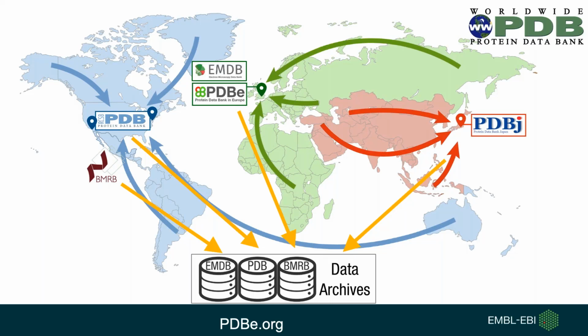In addition to protein structures, we have nucleic acid structures and small molecules as well. We are based in the UK along with the EMDB. We also have RCSB PDB and BMRB, which are based in the US. And in Japan, we have PDBj, which is another site that manages PDB data.